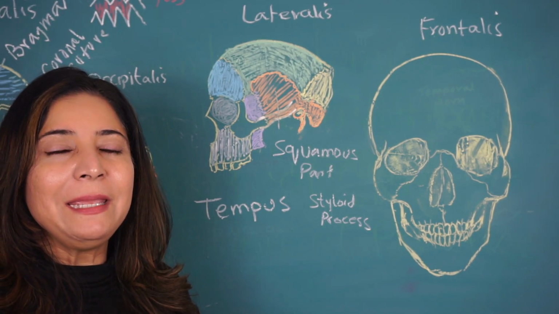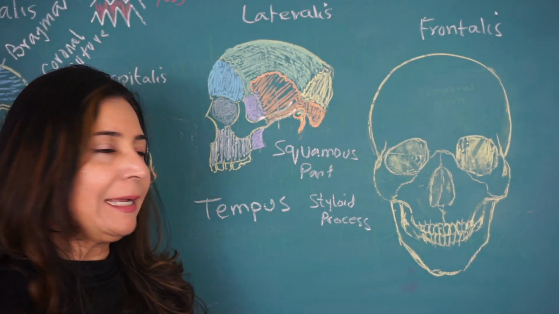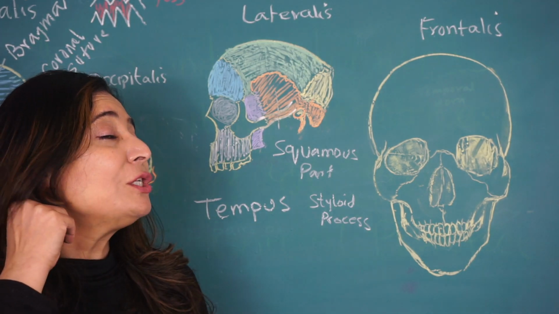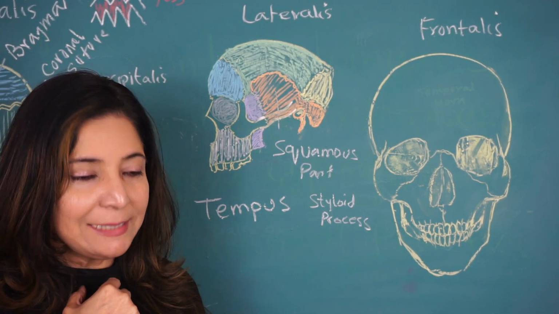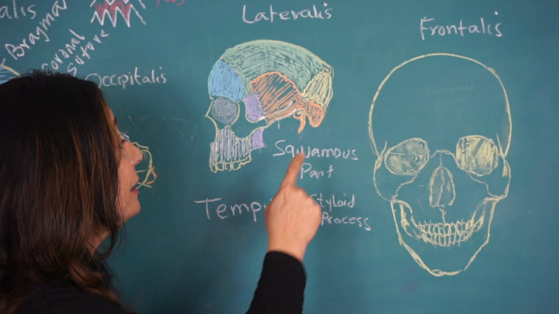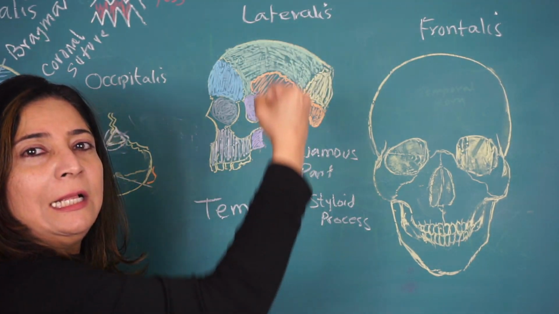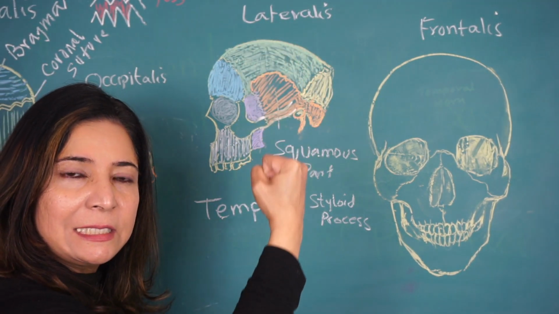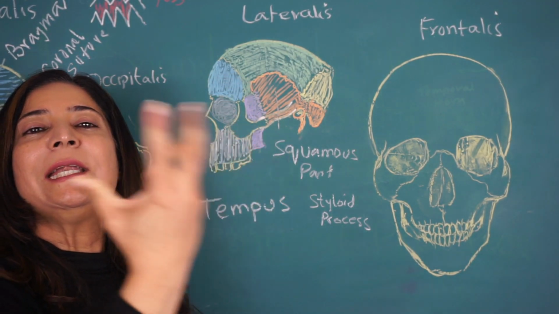But as the baby starts holding the neck and moving its neck side to side, the muscle which is responsible for the movement of neck, or saying no and yes, is known as the sternocleidomastoid. The sternocleidomastoid is going to give attachment on the mastoid process, and it's going to keep on pulling this part of the temporal bone downward, and will create this process.